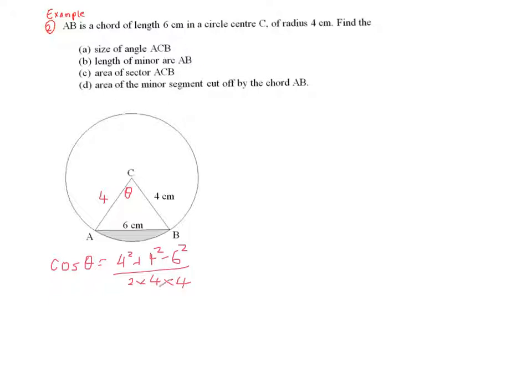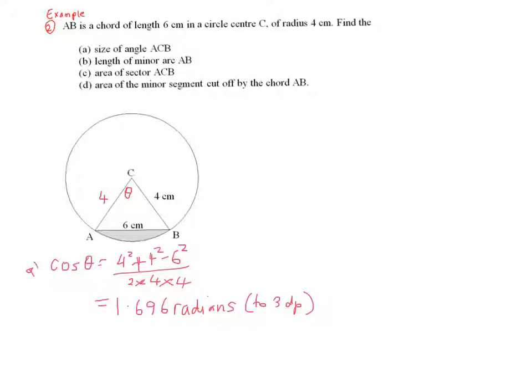If you have your calculator in radians mode, you type that in and press Shift Cos, and you should get 1.696 radians, rounded to 3 decimal places. But save that angle in your memory, so that you don't get a rounding error in the later parts of the question. So that's part A.